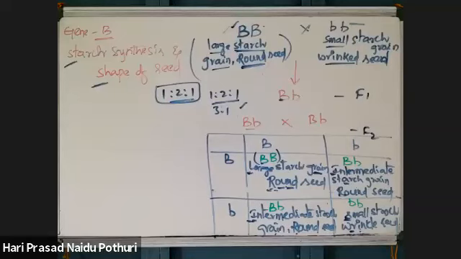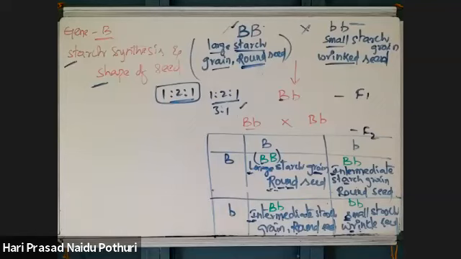Okay. Next point. The gene has two alleles, capital B and small b.